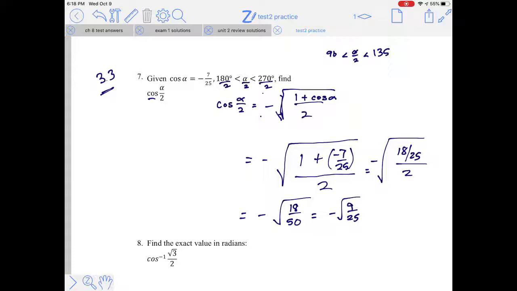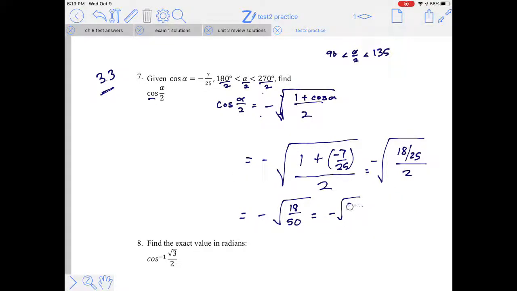Square root of 9 is 3, and the square root of 25 is 5, so this is negative 3/5. Now, I wouldn't count on this always working out so nicely. You may have numbers there that aren't perfect squares. Matter of fact, you probably will. So let's just for the sake of argument, let me go back.